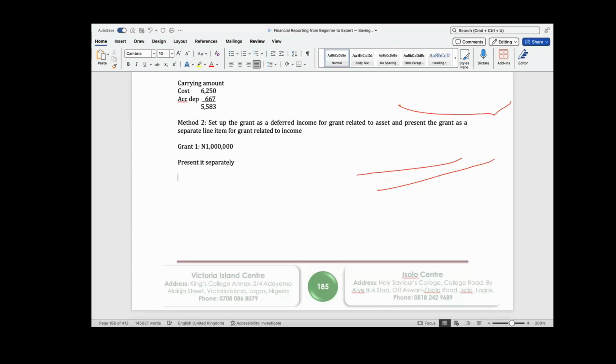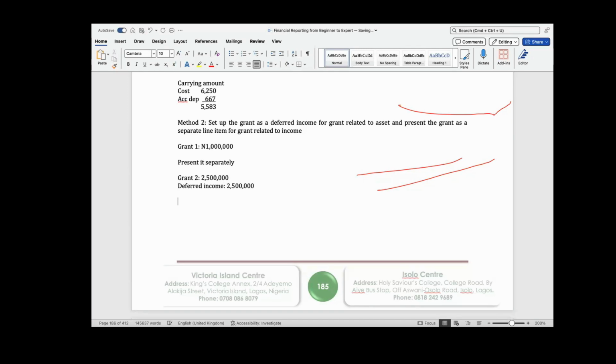For grant 2, the one of 2.5 million, in that wise now, the cost of your assets remains the cost of your assets. Just that this grant becomes a deferred income. You have a deferred income of 2.5 million at the beginning.